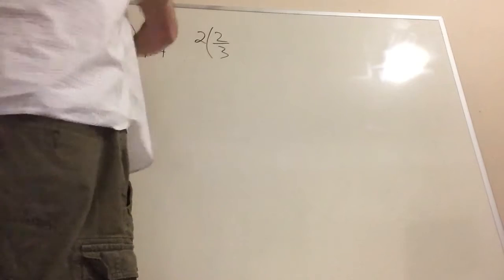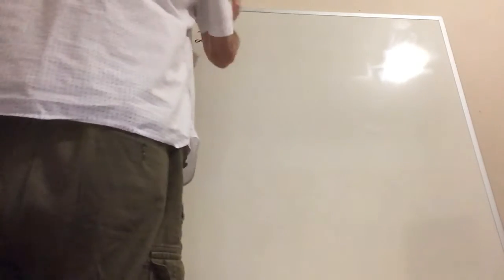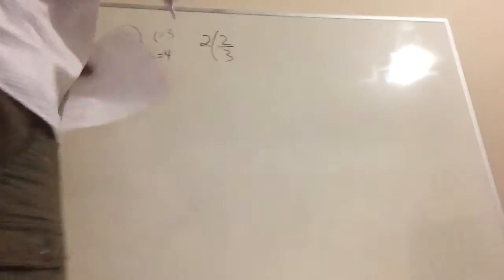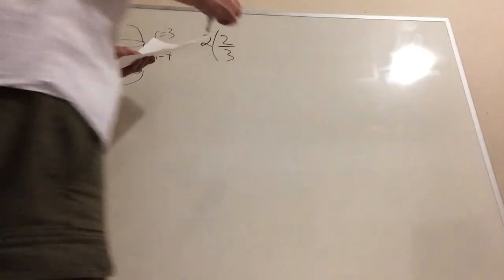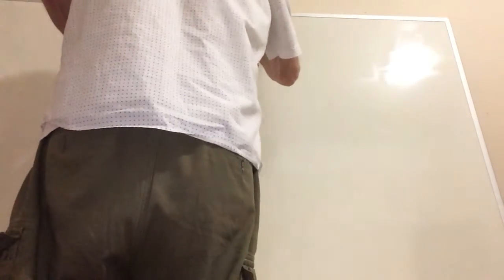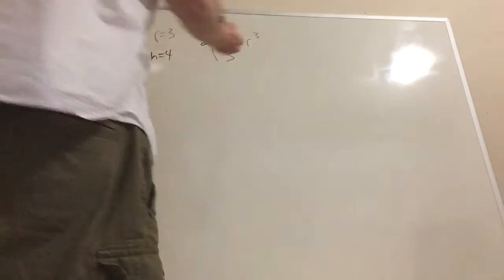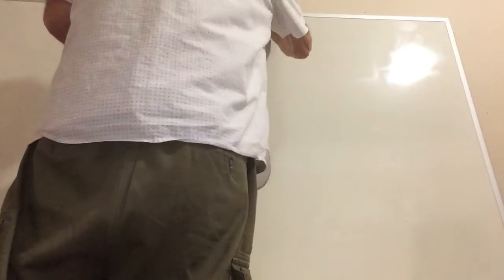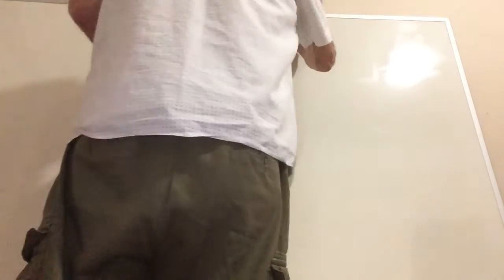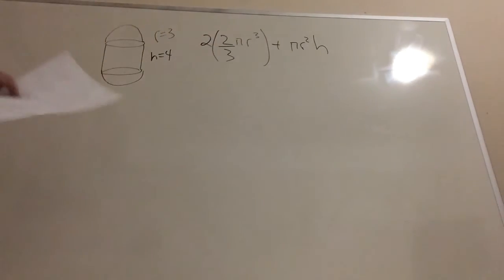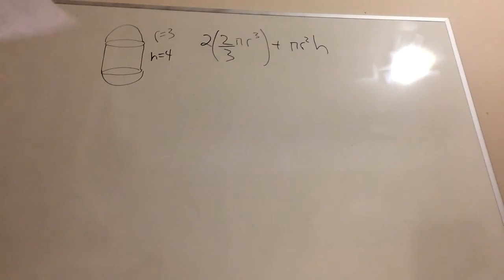So I'm just doubling the half spheres, but 2 times 2 is 4, and 4 over 3 is the formula for a sphere. So we'll do it this way. Hopefully it helps. 4/3 pi r cubed, okay, we know all about that, plus pi r squared h, which is the cylinder. So that would be the compound volume of this particular shape.